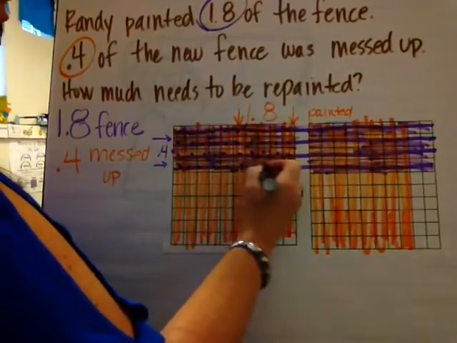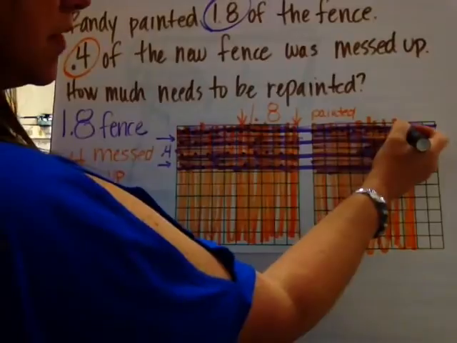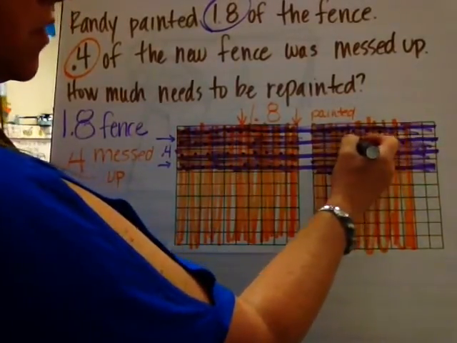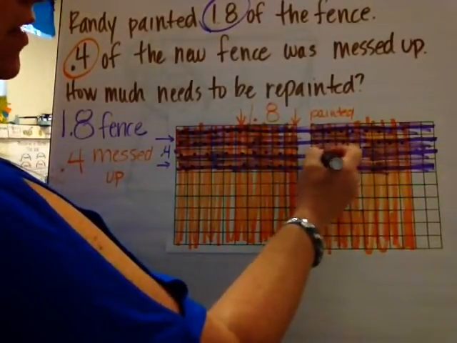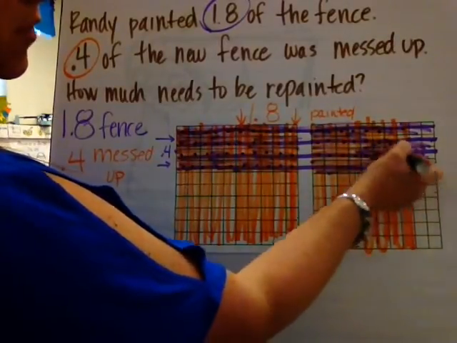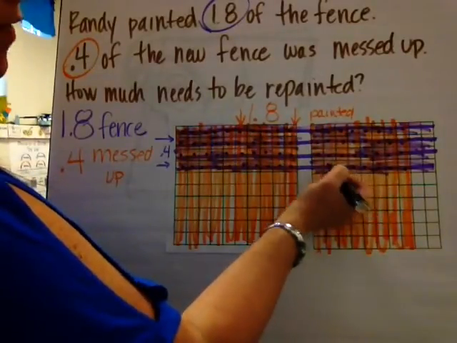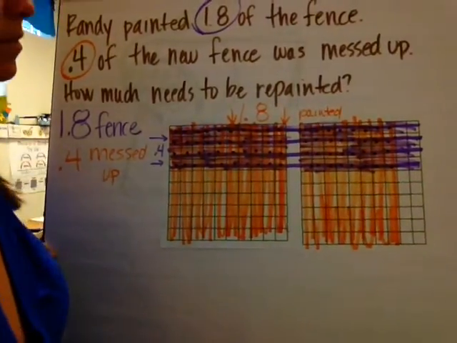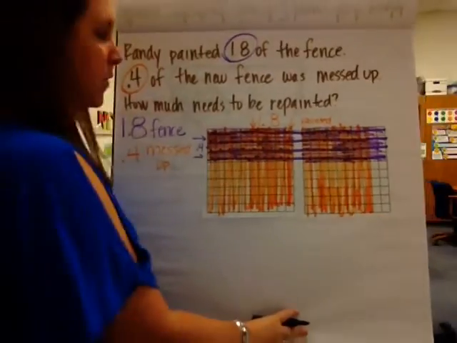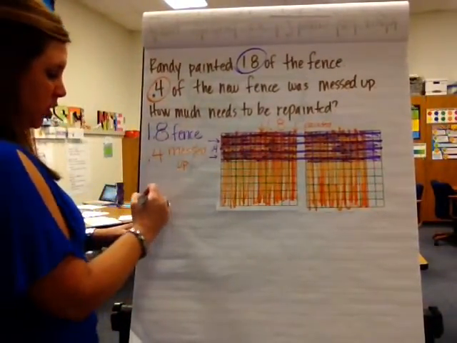I'm sure you realize, again, this is going to be 40. 41, 42, 43, 44, 45, 46, 47, 48, 49, 50, up through 72. Okay? So, 72 hundredths.